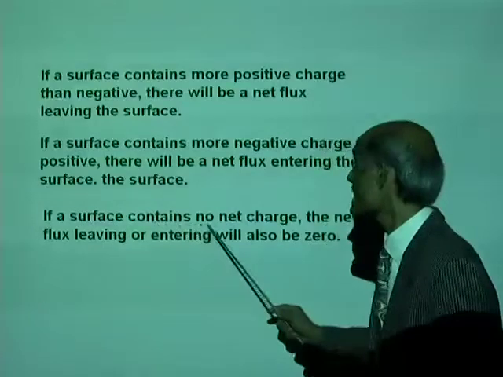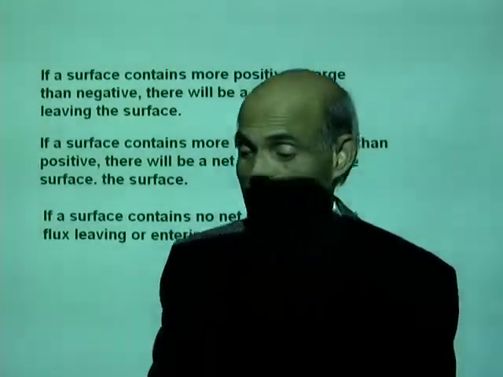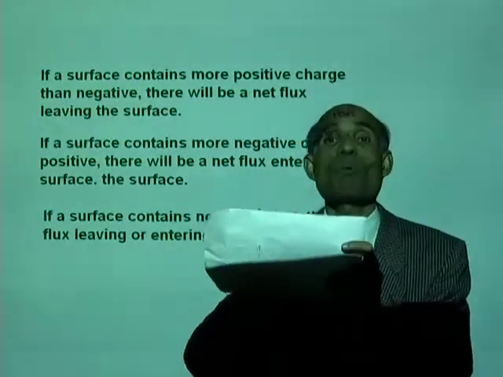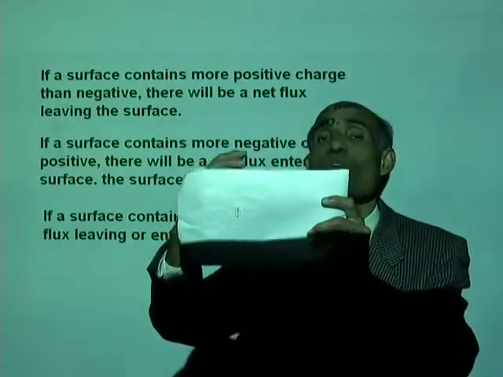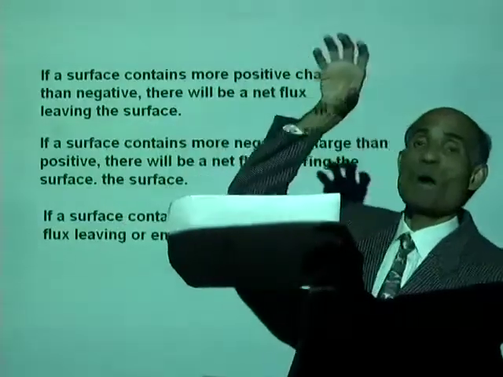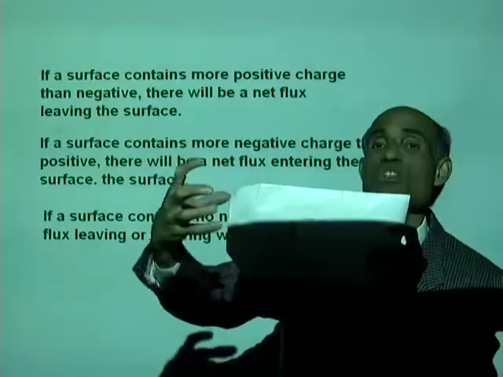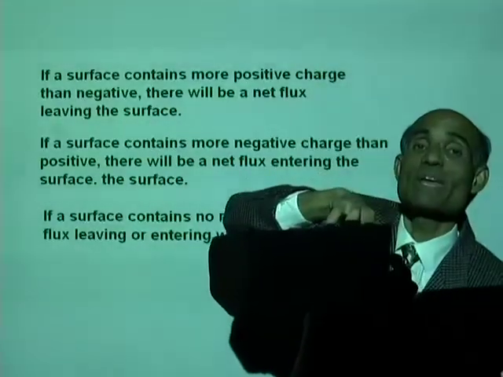Now suppose this surface contains equal quantities of positive and negative charge. That means if a field line comes out of the surface, then one must go in. That means the net lines coming out will be equal to the number of lines going in.